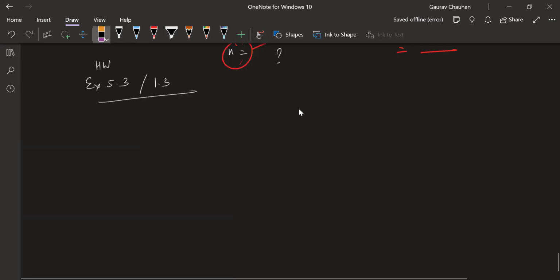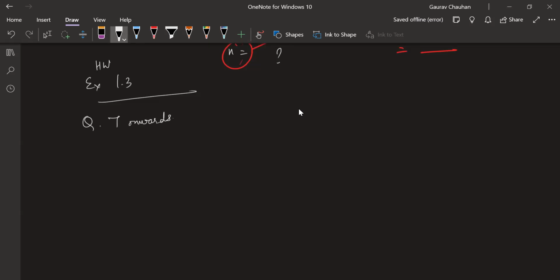Your textbook will be 1.3. So question 7 onwards. There are some really interesting and wordy questions there. We're going to drop those questions for now. We are going to do those questions in class.